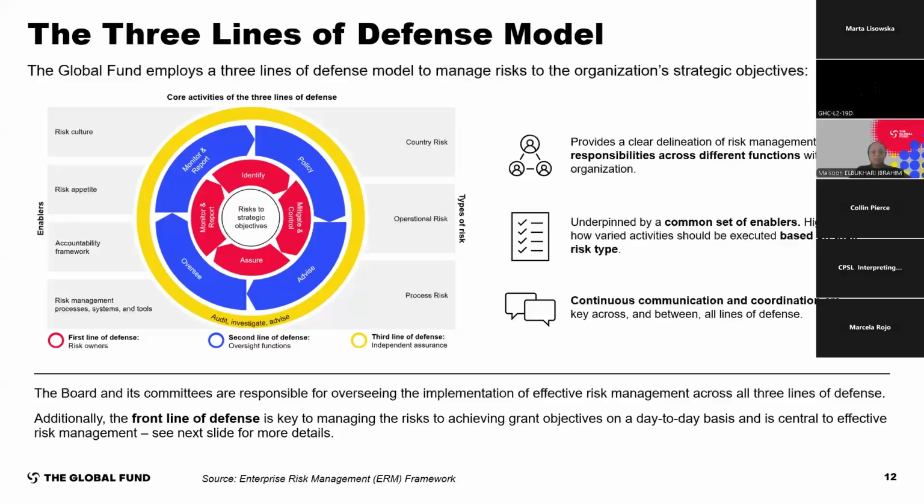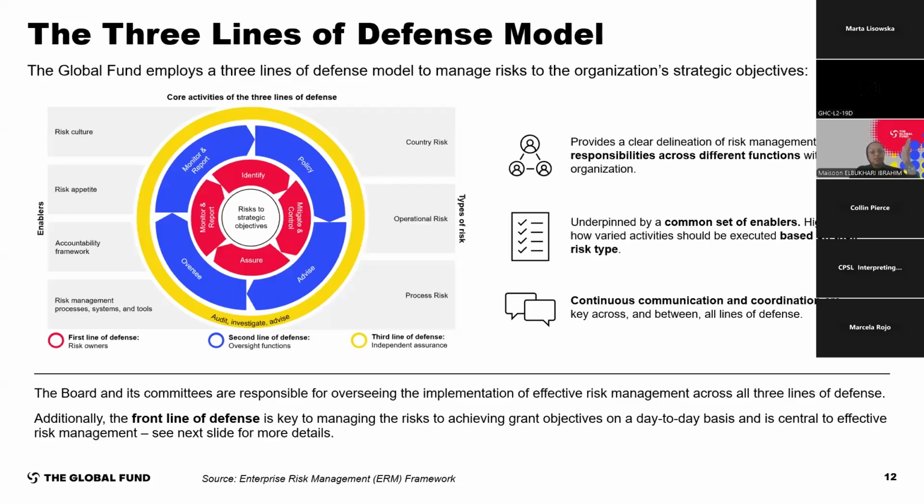The second line of defense, blue, these teams provide oversight, and within the Global Fund, this includes corporate teams like finance, supply operation, technical advice and partnership, community and rights and gender team, and us, the risk team. And the third line of defense is the independent assurance function of the Global Fund. For us, it's represented by the Office of the Inspector General, as well as the external auditors.